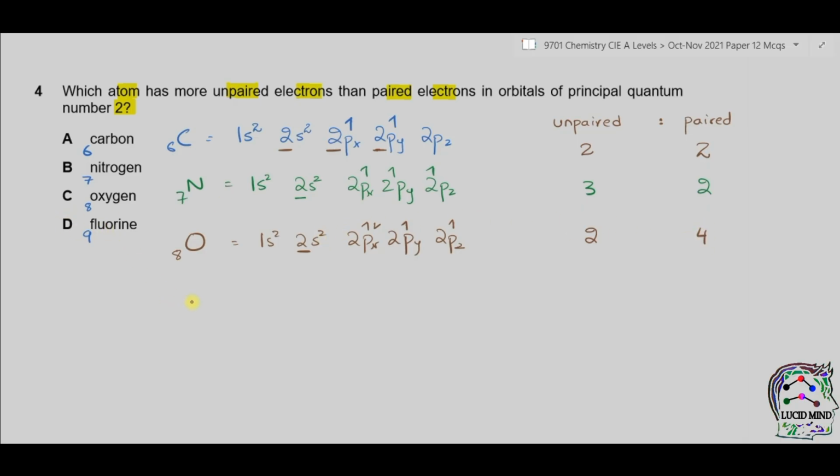For fluorine we can increase one more: 1s2, 2s2, 2px, 2py, 2pz, 4, 5, 6, 7, 8 and 9. Now we have just one unpaired electron and there are 6 electrons that are paired. So the only one in which unpaired electrons are more than paired is nitrogen.